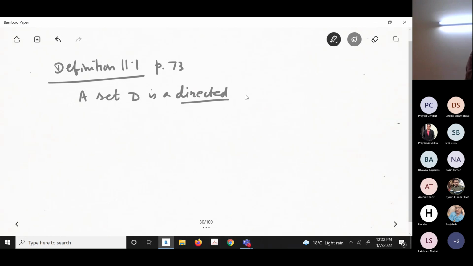if there exists a relation. Look, this is just a notation, less than or equal to or this, there is no difference basically. It depends on what notation you are choosing. Okay, it is not the usual less than or equal to on the real line. Okay, this is just a notation on D satisfying this.